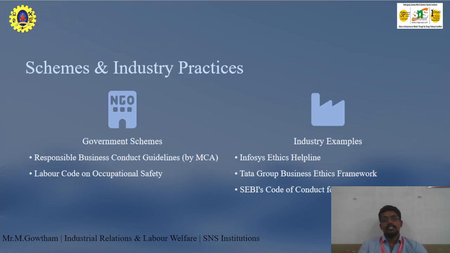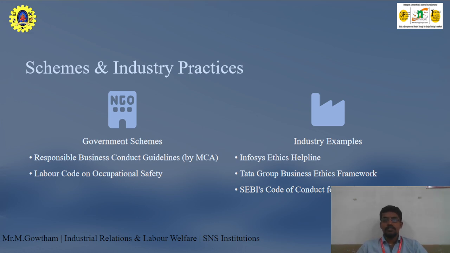The next thing is schemes and industry practice. What are the schemes available for our organization? They are relevant to the concerned sectors, for example manufacturing, IT, education, real estate and infrastructure. These differ from sector to sector.